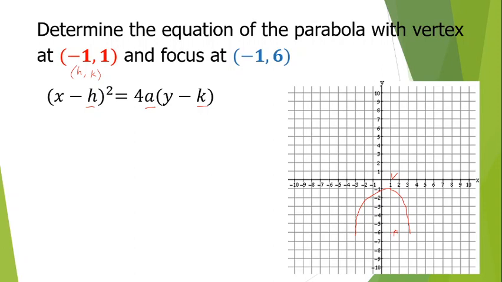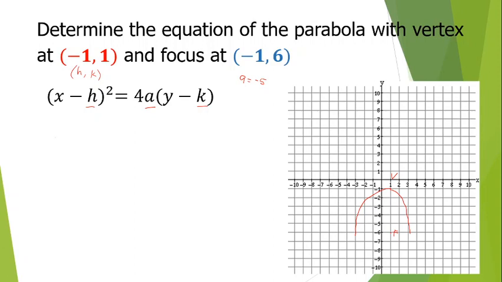But since the opening of the parabola is downward, we will have the value of a as -5. So we can now substitute the values of a, h, and k in our standard equation.